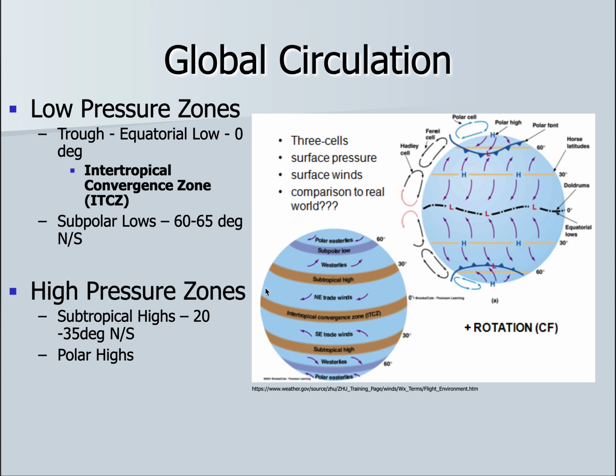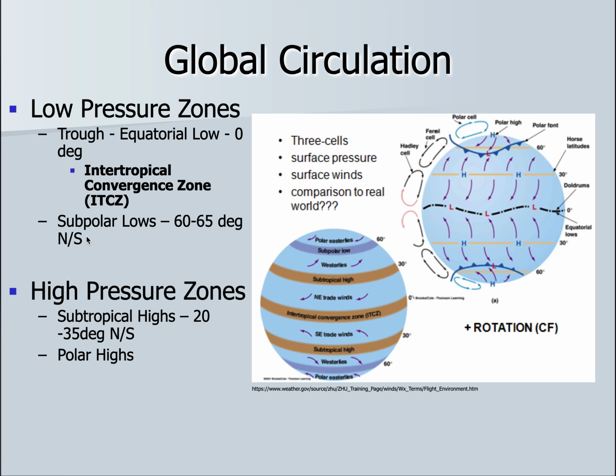So it turns out to be a zone between 23.5 degrees north latitude and 23.5 degrees south latitude. That means that the winds that are purple are going to move along with it. Now it's a convergence zone because this wind is converging onto the low here, and these winds are converging onto the low here. So it's the intertropical convergence zone.